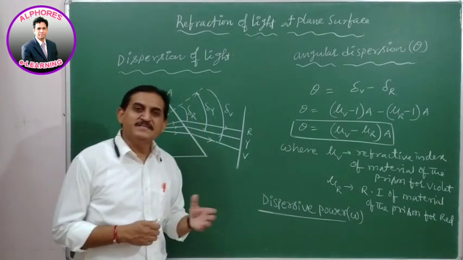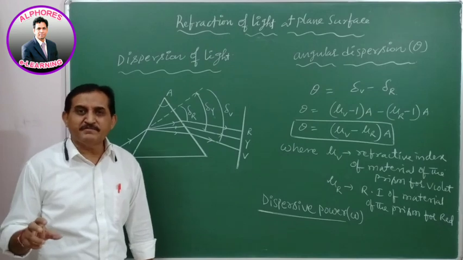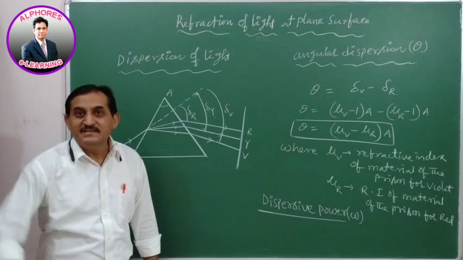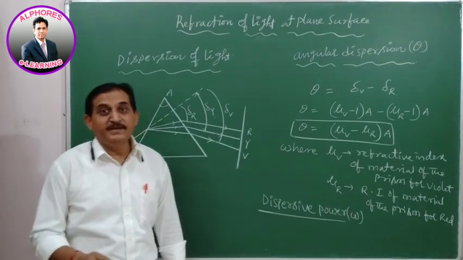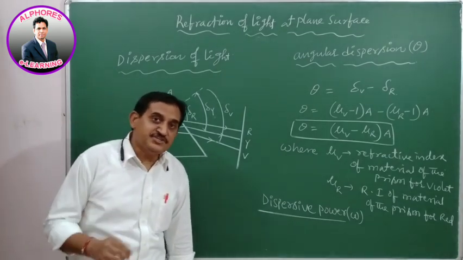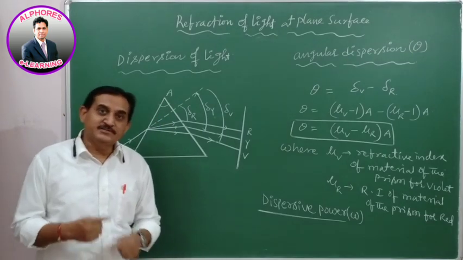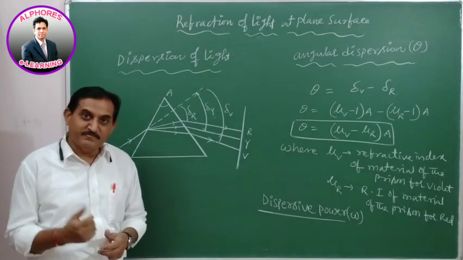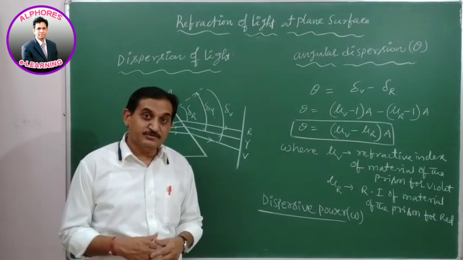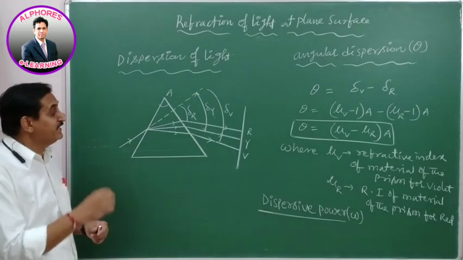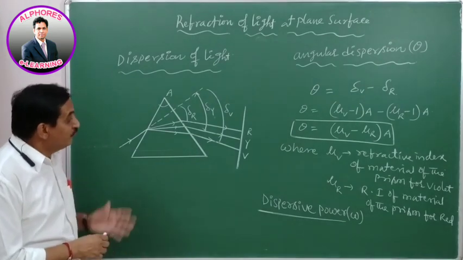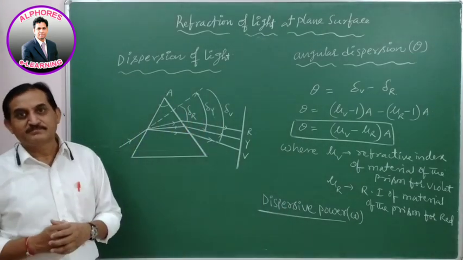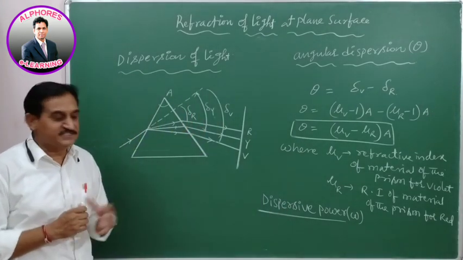Or simply, dispersive power is the ability of the material medium of the prism to split the white light into 7 constant colors, how greatly it splits them from white light. That ability of splitting the 7 colors from white light is known as the dispersive power of the prism.